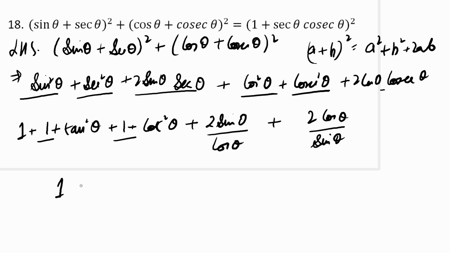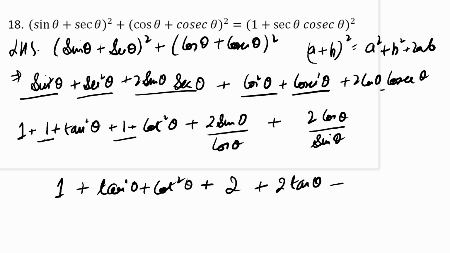I'm a little bit stuck over here. Let's see. Tan square theta plus cot square theta plus 2. I am writing 1 plus 1 as 2 over here, and this is going to be 2 tan theta plus 2 cot theta.